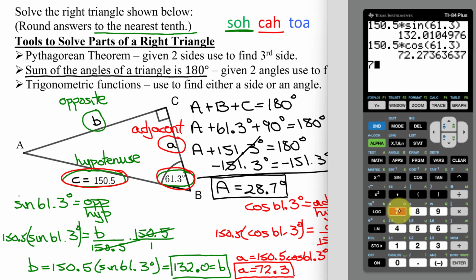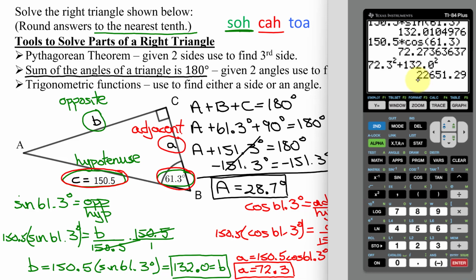Well, a is 72.3, so that's 72.3 squared, plus b squared is 132.0 squared. Here's that total, and I need to see, does it equal 150.5 squared? Are these two numbers the same? Yes, they're approximately the same.